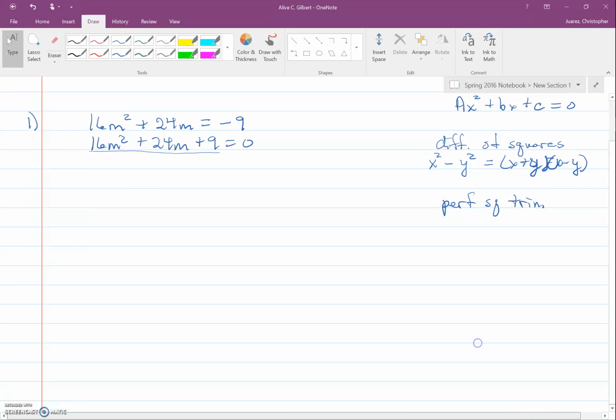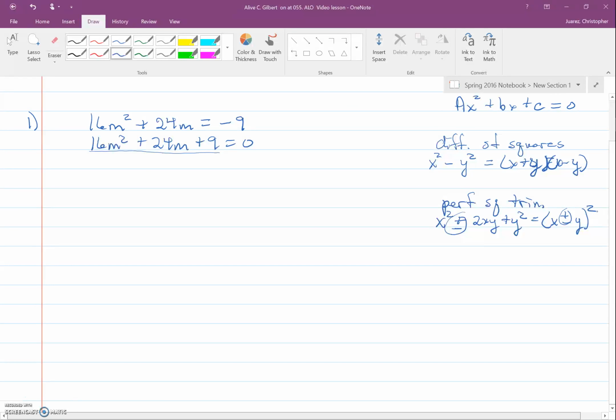trinomial. Remember, a perfect square trinomial is going to look like x squared plus or minus one or the other, not both, 2 times x times y plus y squared. And it goes into x, again, plus or minus whatever this one is, not both of them, y, the quantity squared.